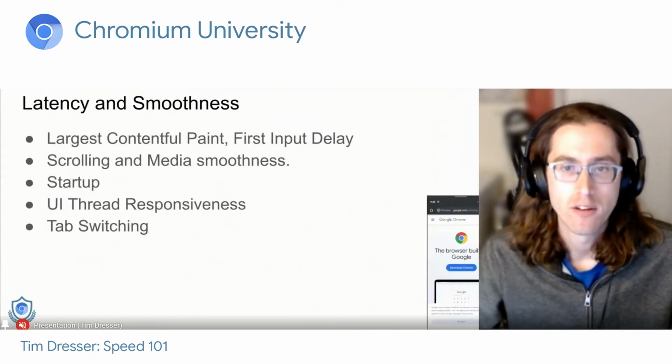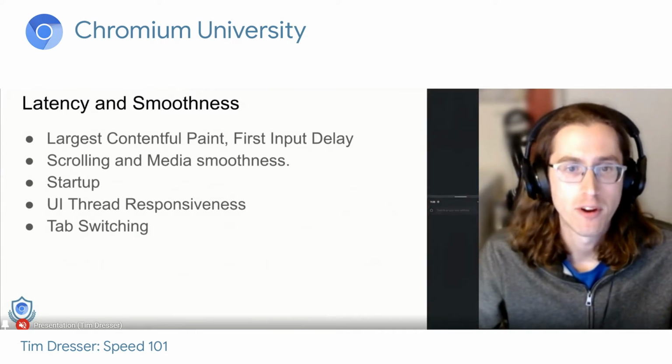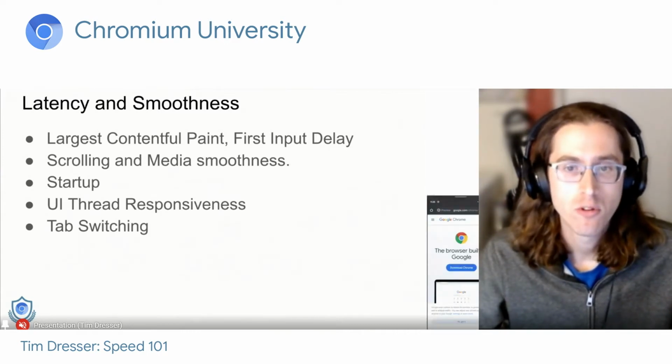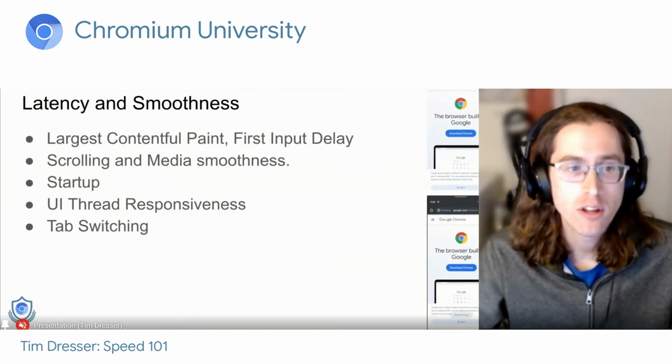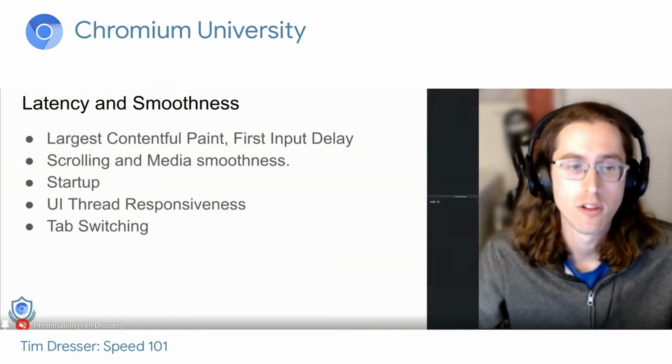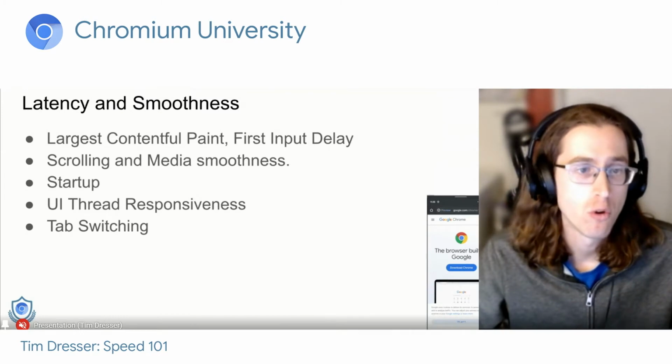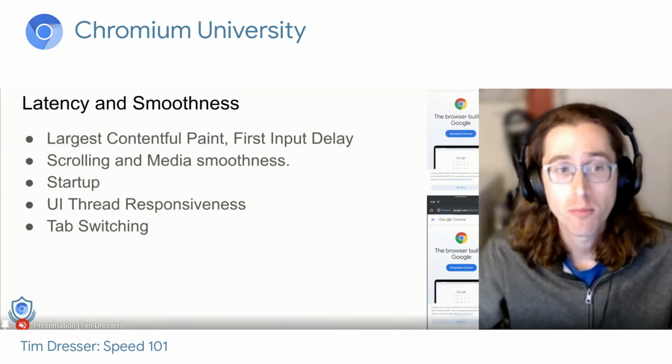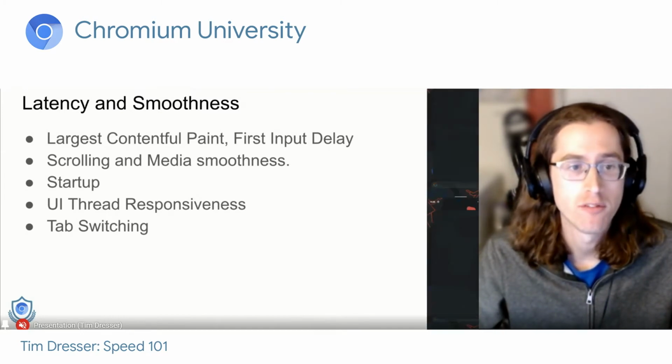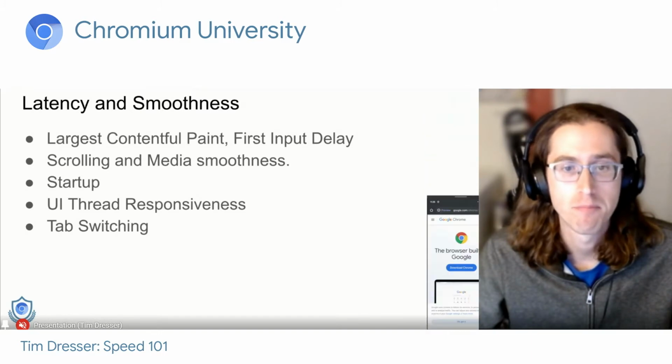The Core Web Vitals are a tiny set of metrics with a broad audience, but there are many other performance metrics. Latency and smoothness is a broad category, including largest contentful paint and first input delay, but it also includes scrolling and media smoothness, startup latency, UI thread responsiveness, as well as tab switching time.